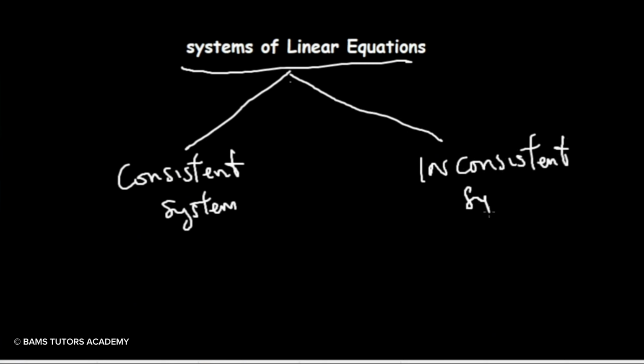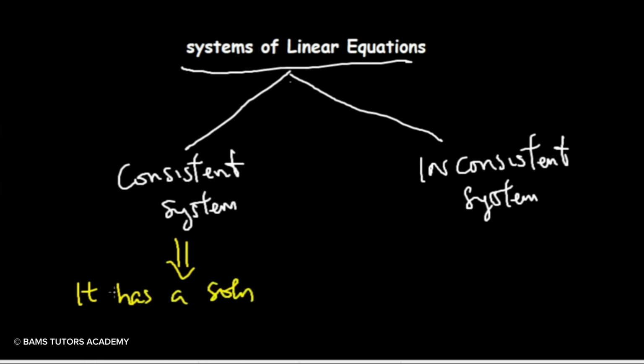A system can be consistent and it can be inconsistent. So, what does it mean for a system to be consistent? It means that it has a solution.